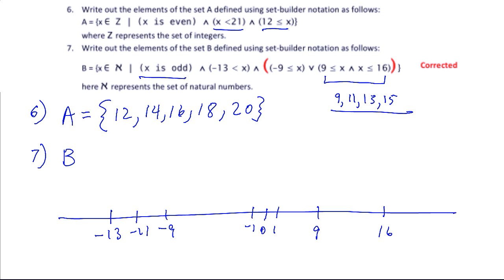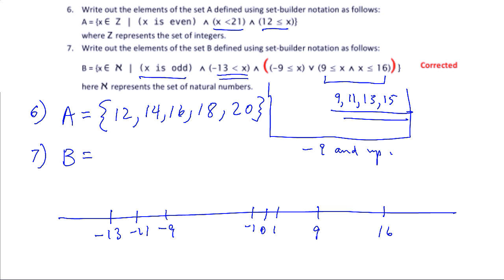But all of these things are already greater than negative 9. So really anything from negative 9 on up will work, right? This says anything from negative 11 on up will work, but this one in red parentheses says anything from negative 9 and up. And so that's what I'm going to have here. It doesn't have to be less than 16 because it only has to satisfy one of these two or statements.